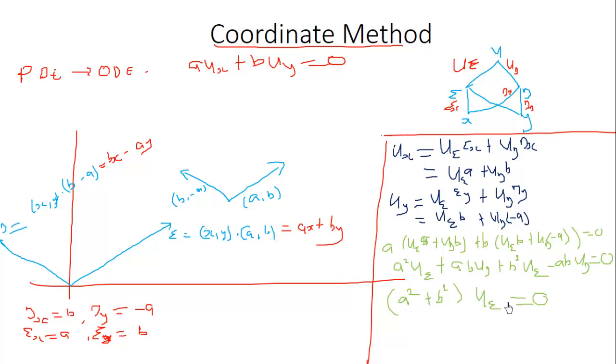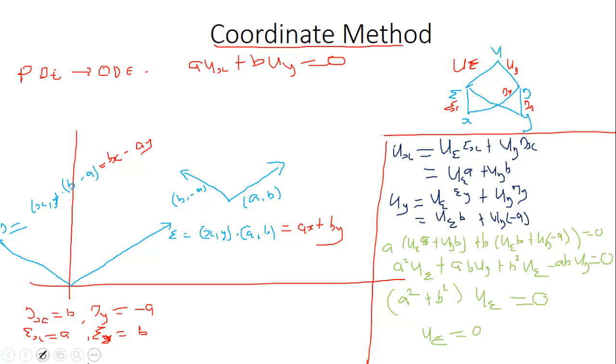Now because a squared plus b squared is not equal to 0, we divide through to get u zeta being equal to 0. So we have written our PDE into a new coordinate. We have reduced the PDE to an ODE. Now we can solve this by direct integration.